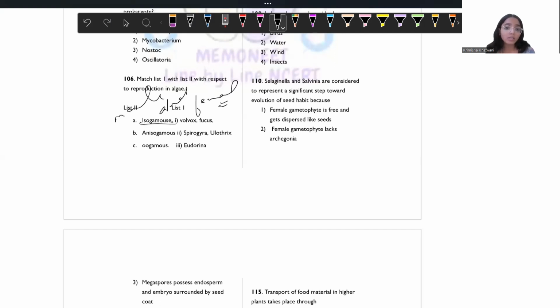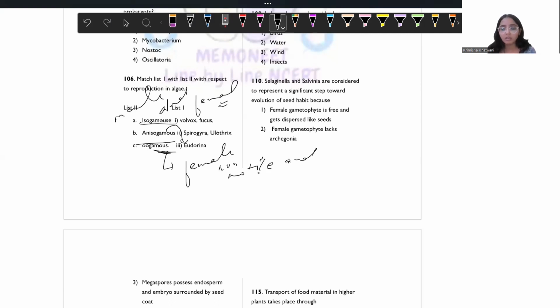Anisogamous gametes are male and female gametes which are not similar in structure, and they are found in Eudorina. Oogamous basically means that the female gamete is non-motile and larger than the male gamete.